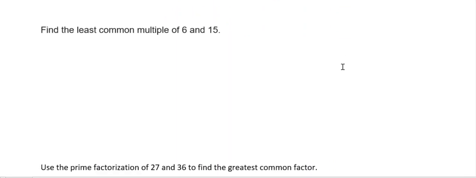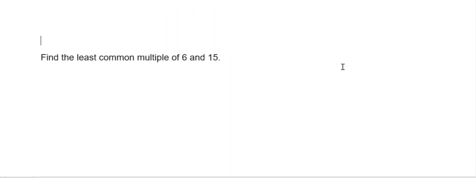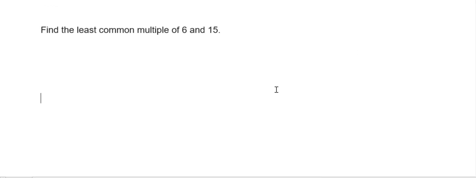Looking at this example, find the least common multiple of 6 and 15. Least means smallest, common means that they both have, and multiple means we're finding the multiples.